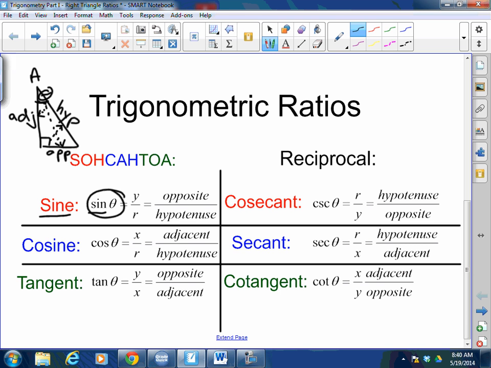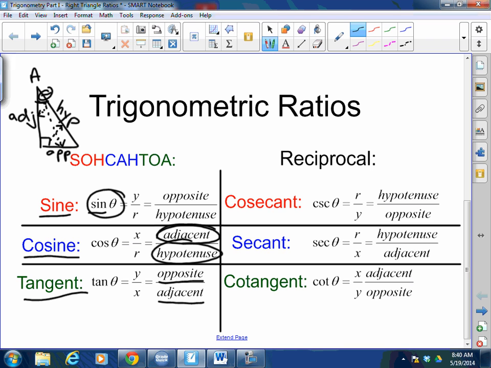That is one type of trigonometric ratio. You have a cosine. The cosine is a trigonometric ratio of the adjacent over the hypotenuse. The tangent. The tangent is the trigonometric ratio of the opposite of the angle over the adjacent of the angle.